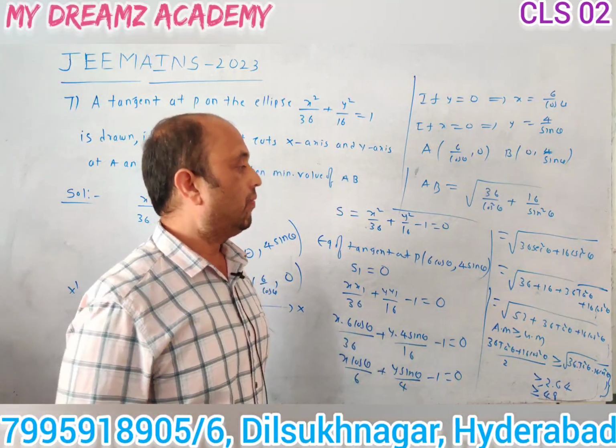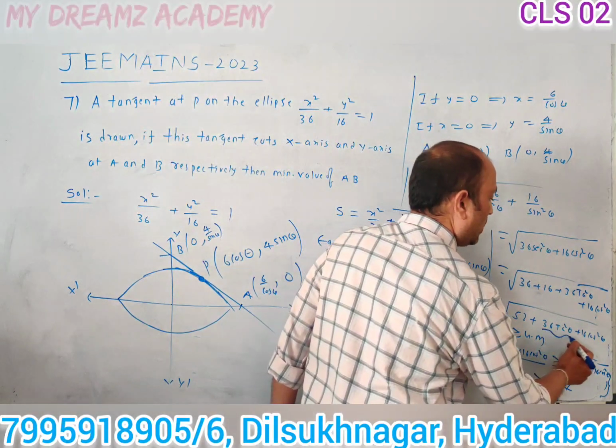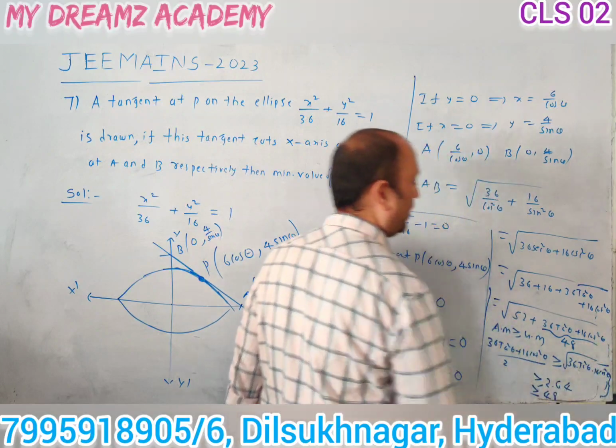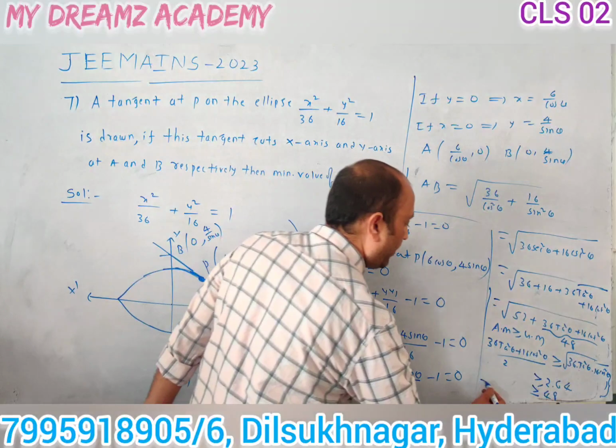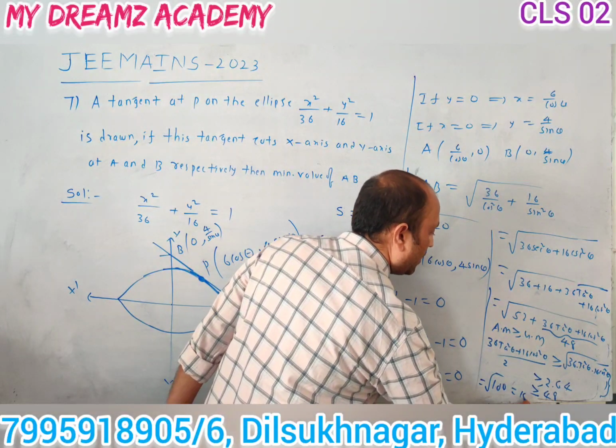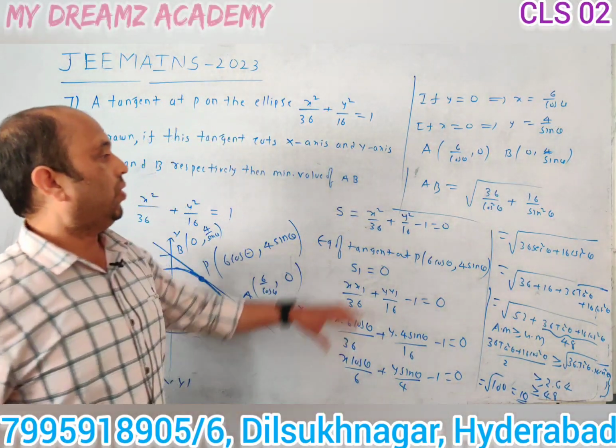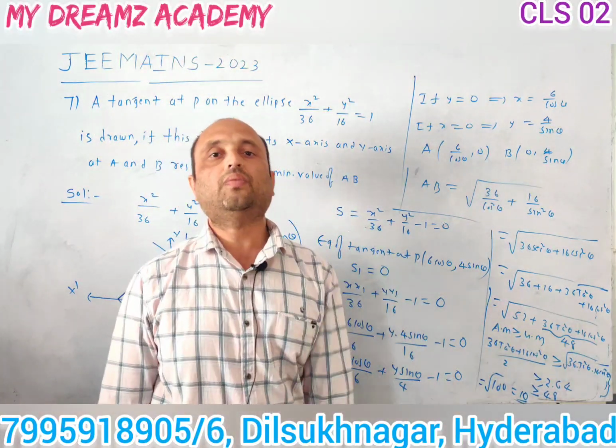So the minimum value is 48. Substituting, we get under root of 52 plus 48, that is root 100, which equals 10. So the minimum value of AB is 10. That is our required answer.